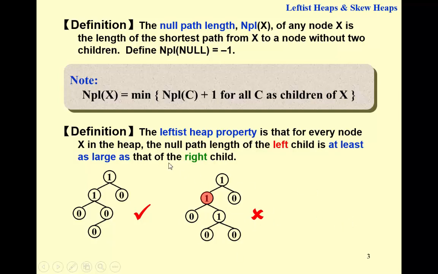According to this property, we realize that the tree is biased to get deep toward the left. Biased means what? In Chinese we say it's 偏心的, we are more inclined to extend to the left. Actually, a tree which is skewed to the left will be the best case for the leftist heap.